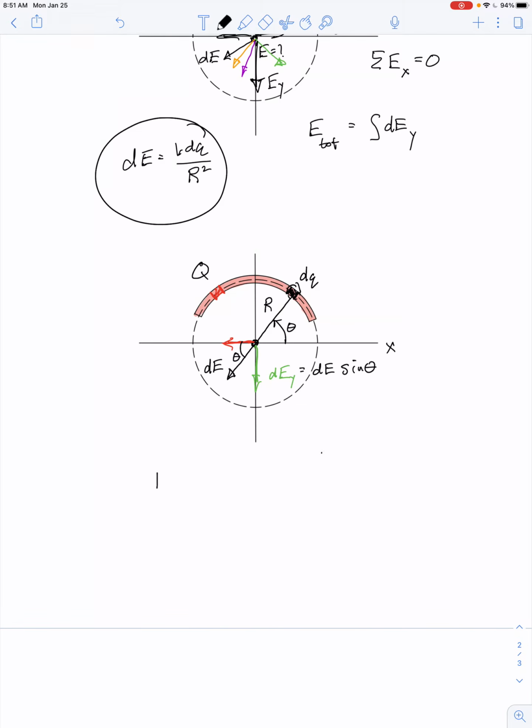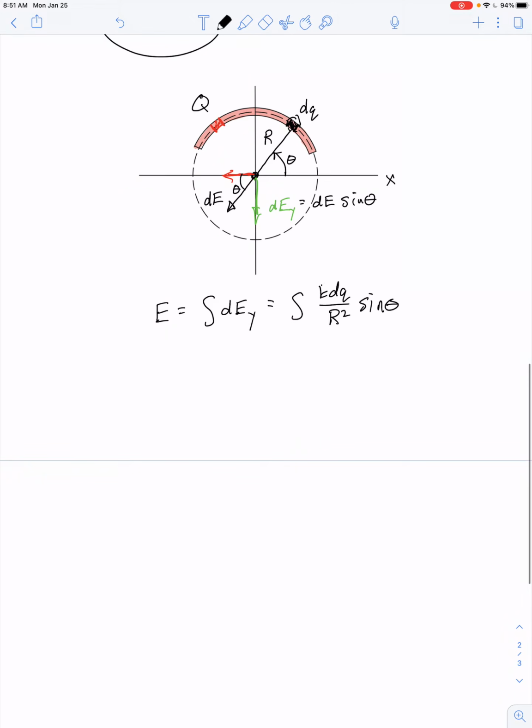So to get the overall electric field at the point in question, we need to sum up all of our dEy, which means we have to sum up all of our k dq over capital R squared times sine theta. So we'll take constants out of the integral. K divided by capital R squared times the integral of dq sine theta.